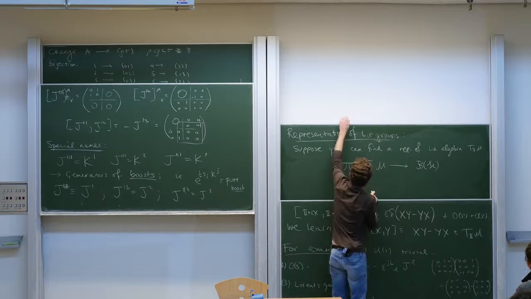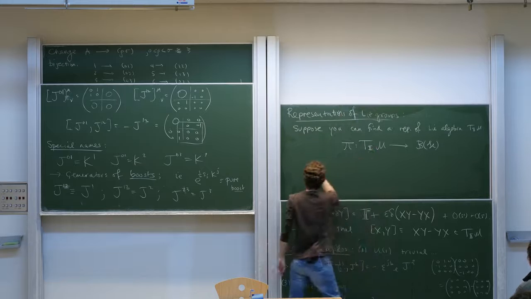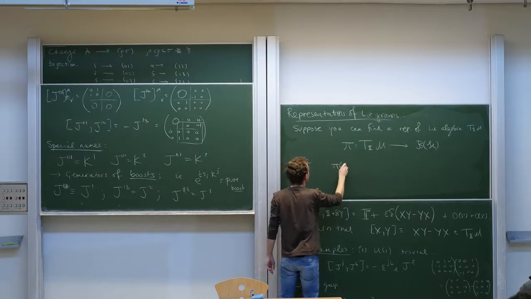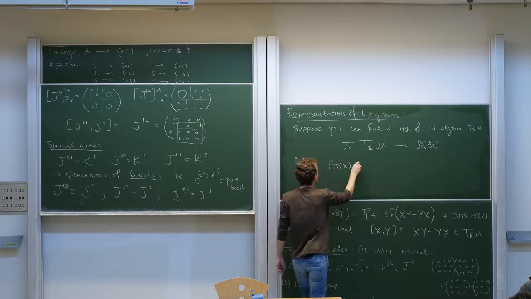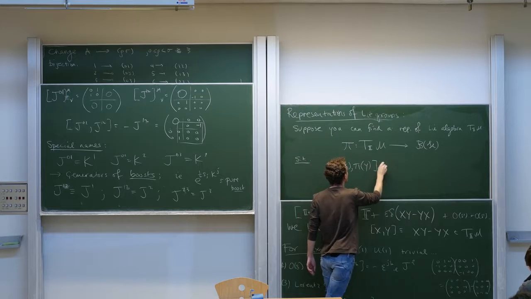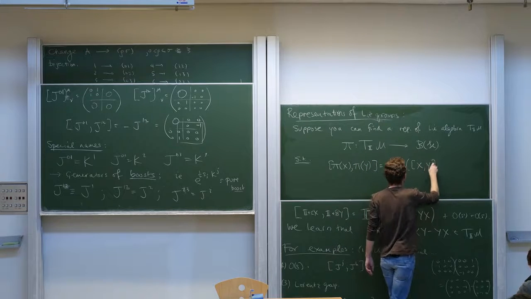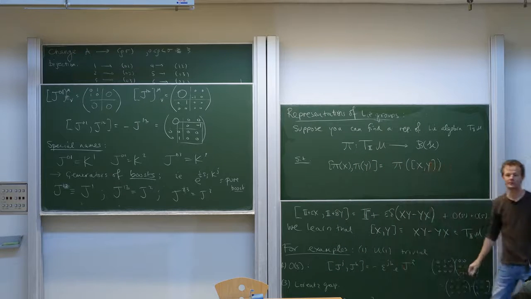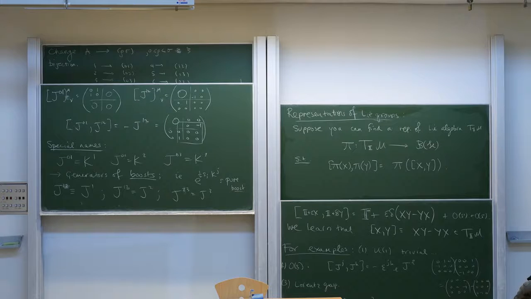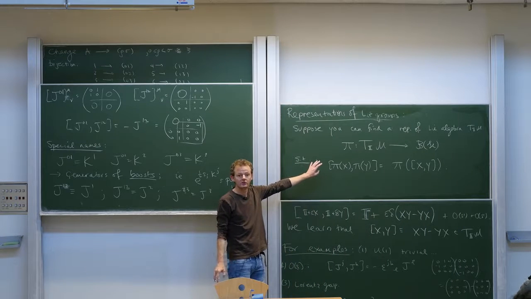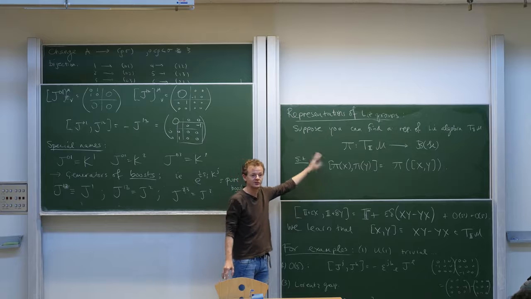Well, not any linear map is good. Of course, you want that the Lie bracket property is preserved. Then the amazing thing is that this exponentiates to a representation of the full group.